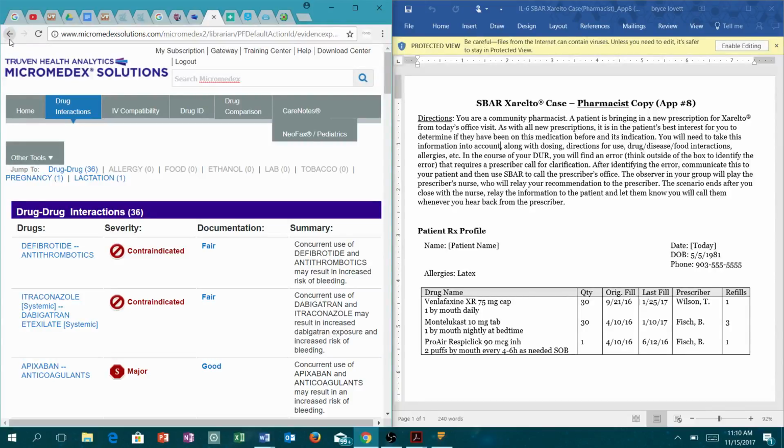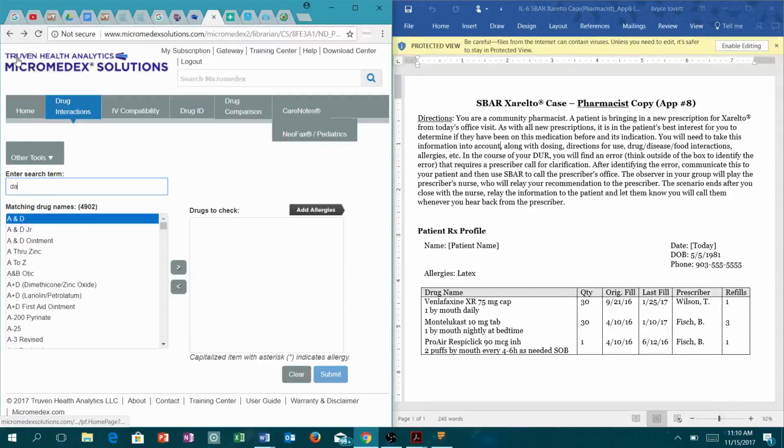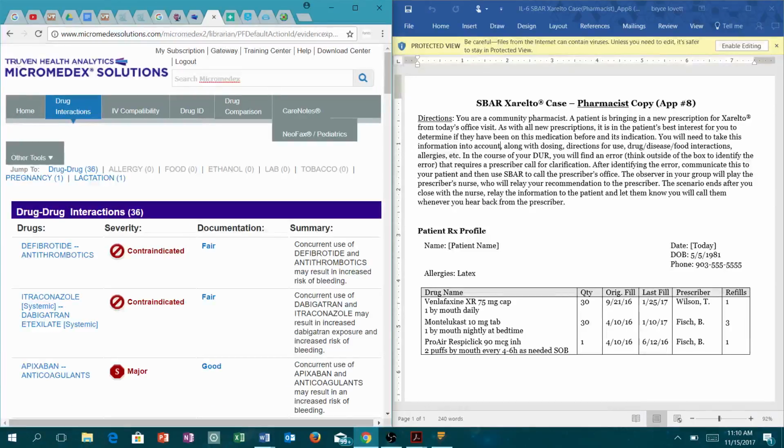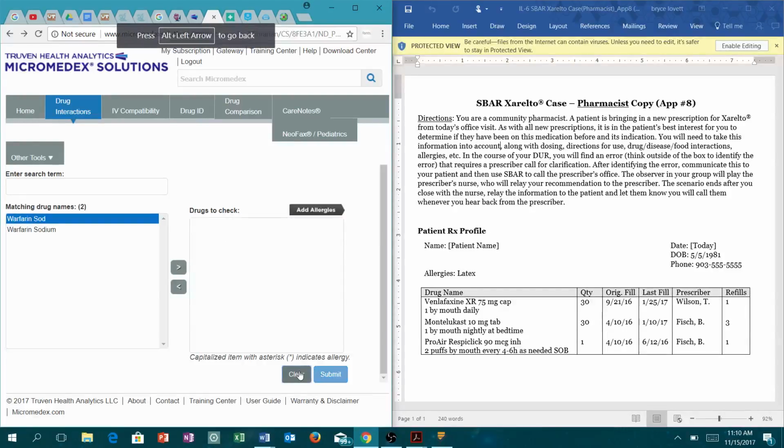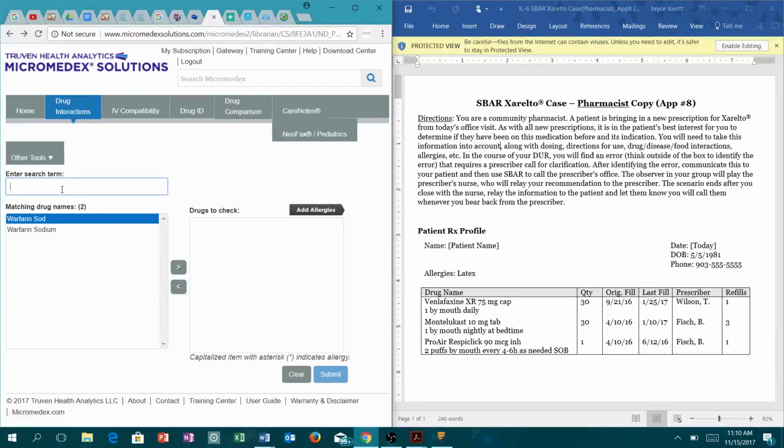Alright, how about warfarin? So what medications are you currently taking? Try warfarin. It ain't gonna work. You gotta do the other one. There's Xarelto.